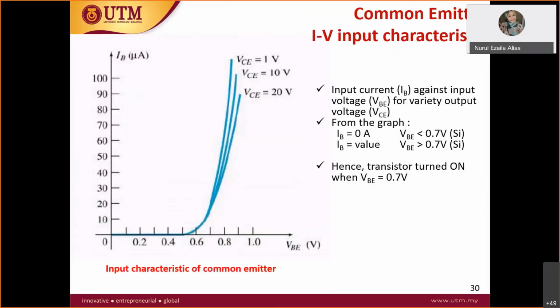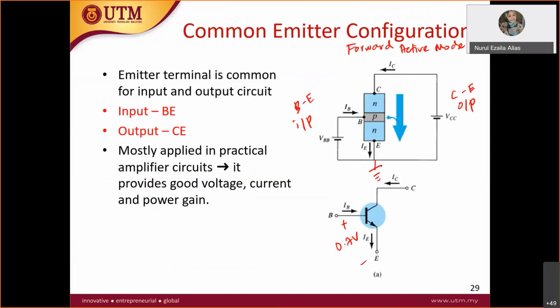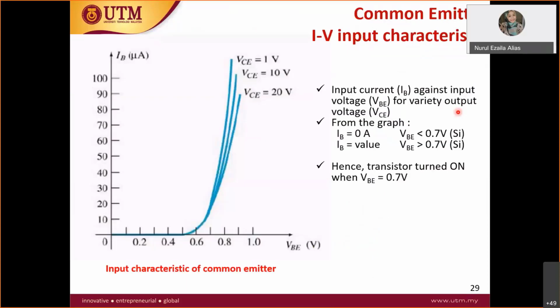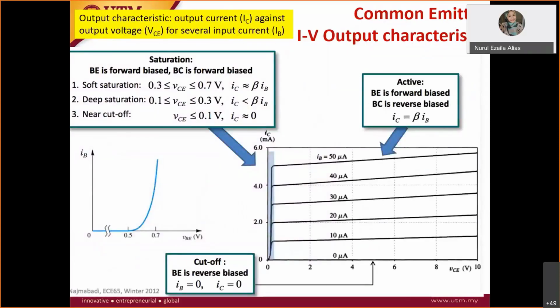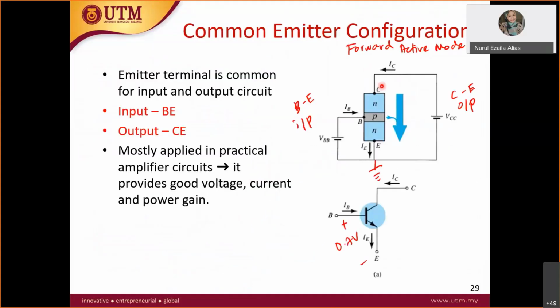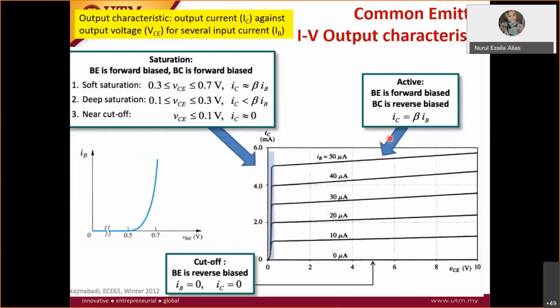When you have the input IV characteristic, you also have the output IV characteristic. So this is how it looks like, the output characteristic. This is your collector current, and output is collector to emitter, therefore you have collector current IC and VCE.